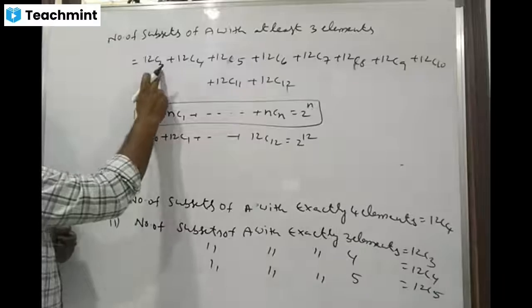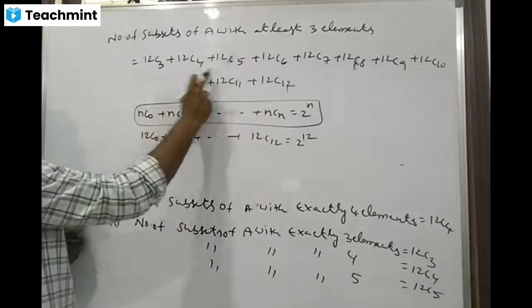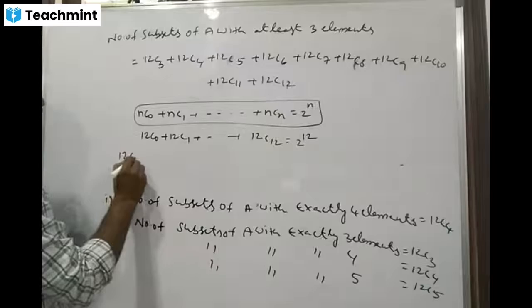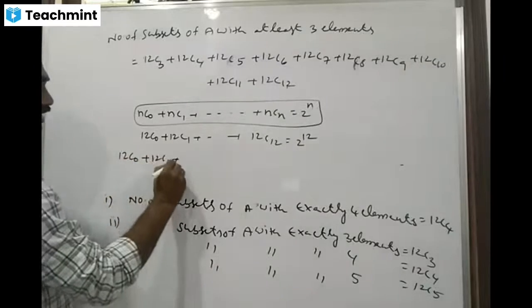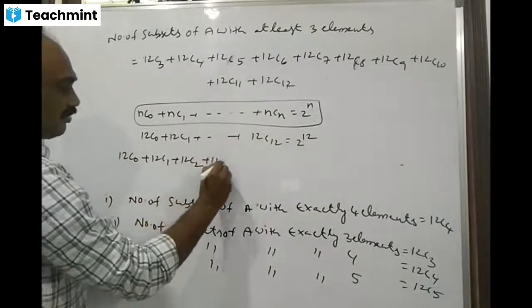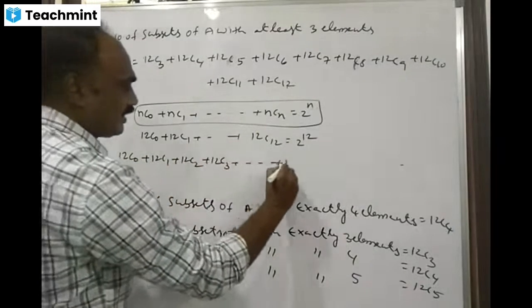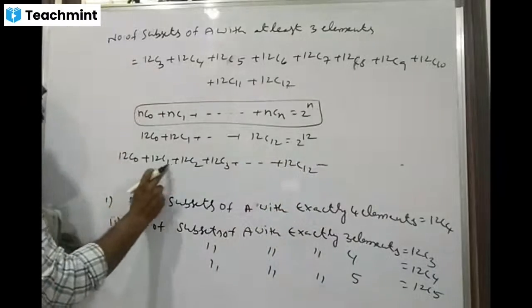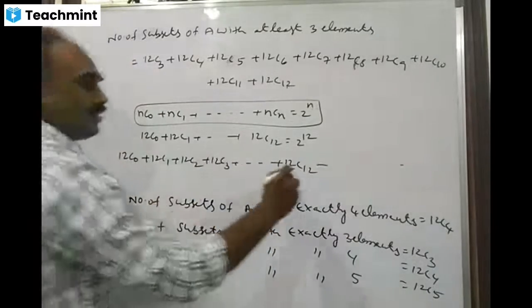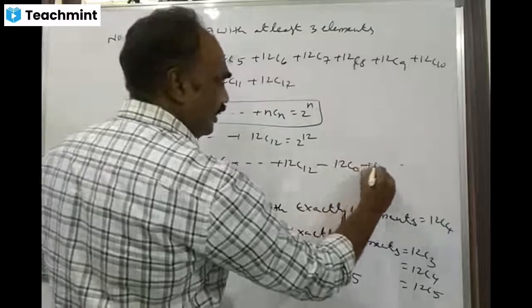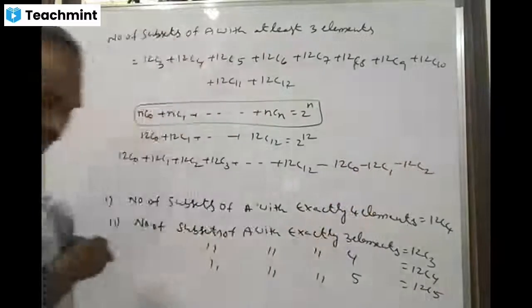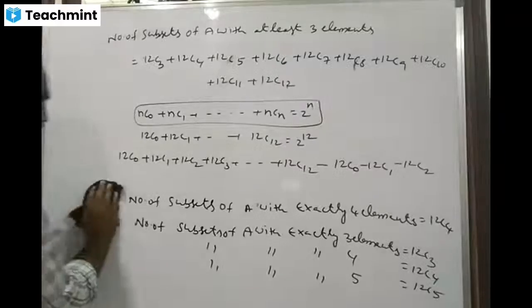But here we need 12C3, 12C4 up to the last, 12C12. So add 12C0 plus 12C1 plus 12C2 and subtract 12C0, 12C1, 12C2. So that is the answer.